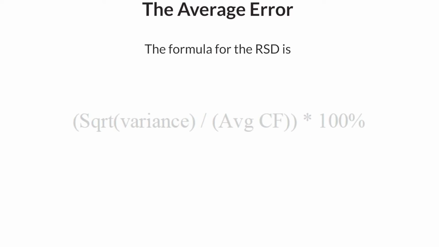And the formula for the RSD is the square root of the variance, divided by the average calibration factor, multiplied by 100. As described below, it is possible to use the average calibration factor line as the calibration curve. However, this measure of fit is available even when other types of calibration curve are employed.